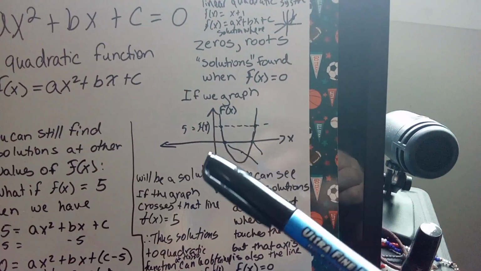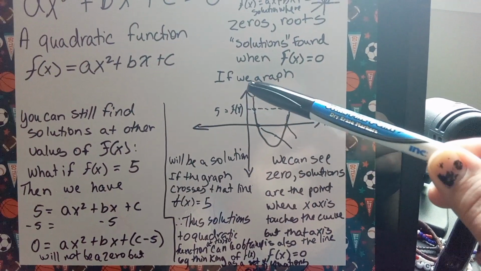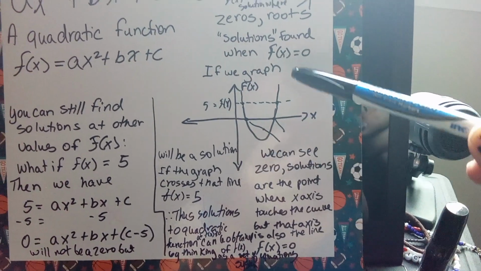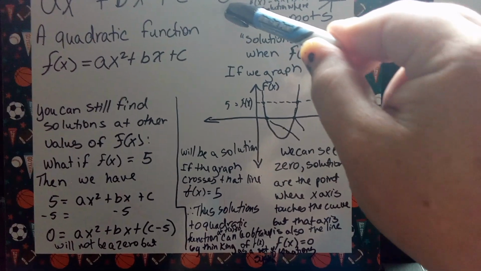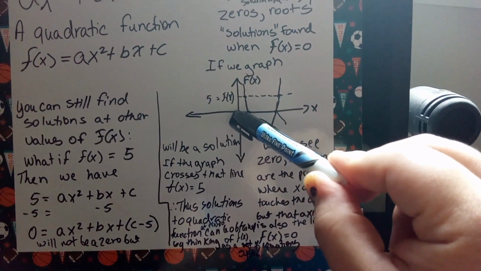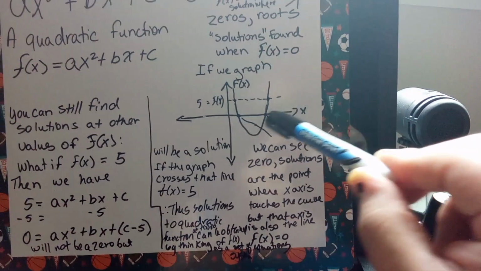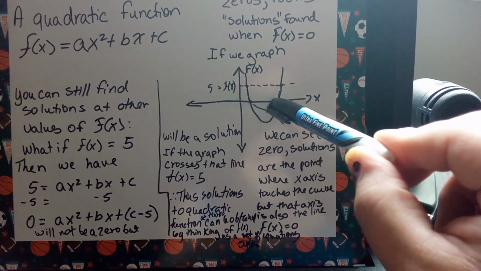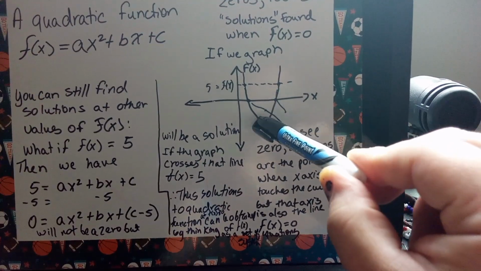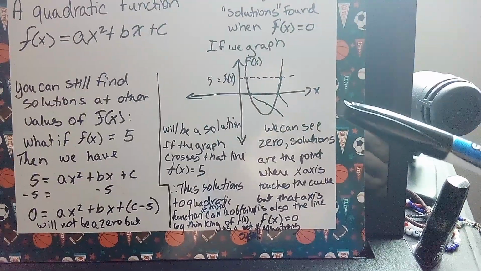So if we graph a quadratic function, when we look at the zeros, since we're setting f of x equal to 0, it is like a line that is constant, and we are just verifying whether that line touches the graph at 2 points or at 1 point in some cases.